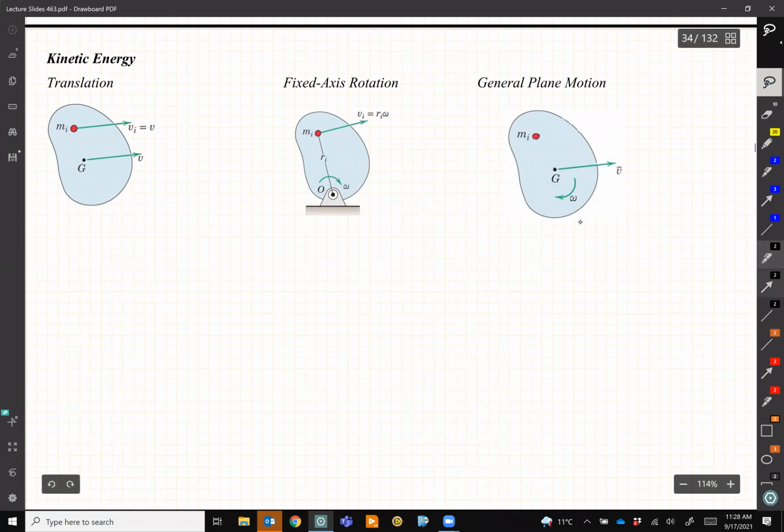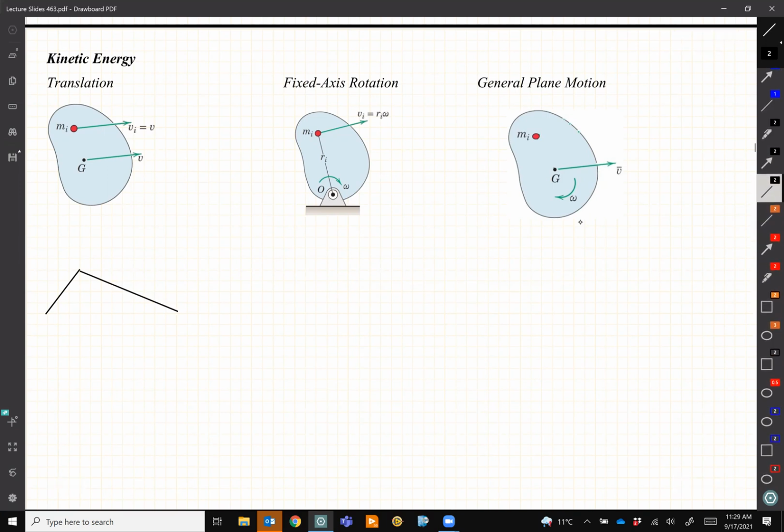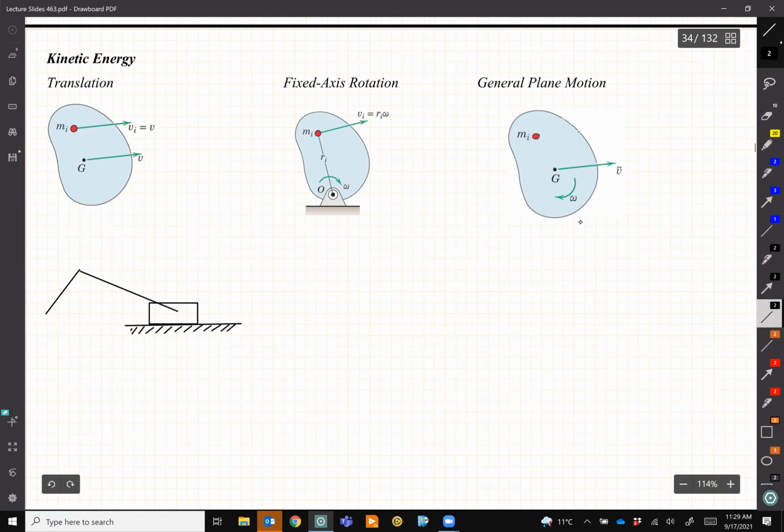Let's say if you want to see it in one example, consider a slider crank mechanism, which again you are all familiar with and you know how it works, more like a cylinder and piston, going left and right, back and forth.